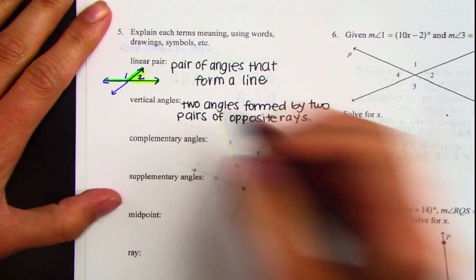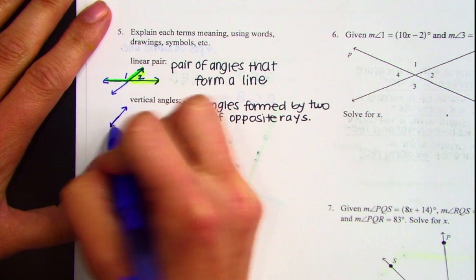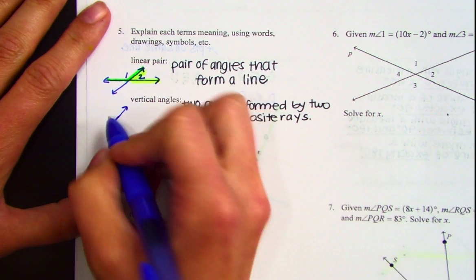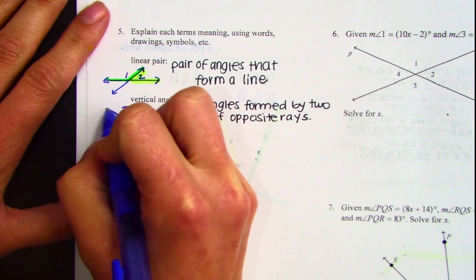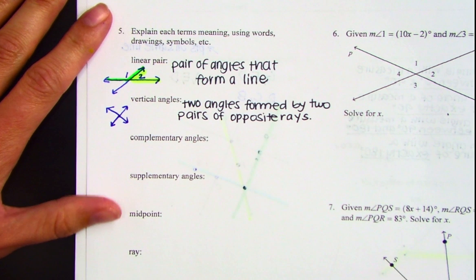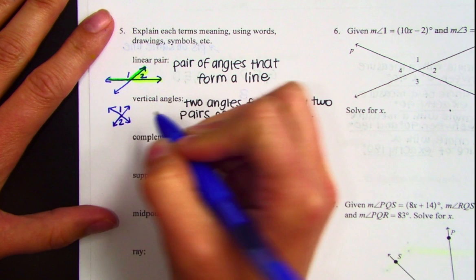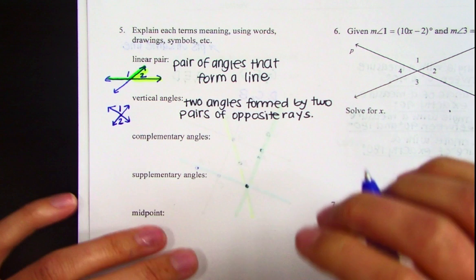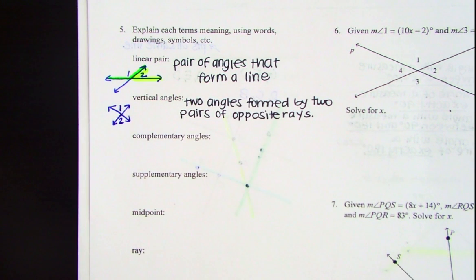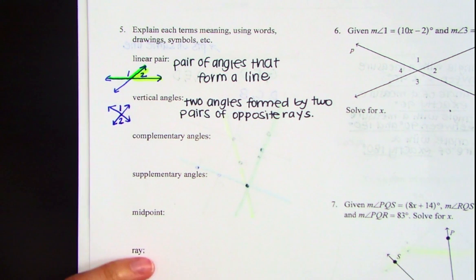So here is our first pair of opposite rays, and then we have another set of opposite rays. Okay, so an example of these vertical angles would be up here at angle 1 and here at angle 2. So you can kind of say that they're opposite from one another across that common intersection. So those are angle 1 and angle 2, example of vertical angles.